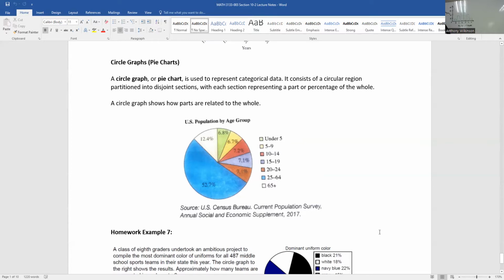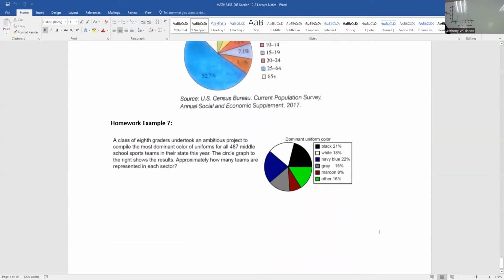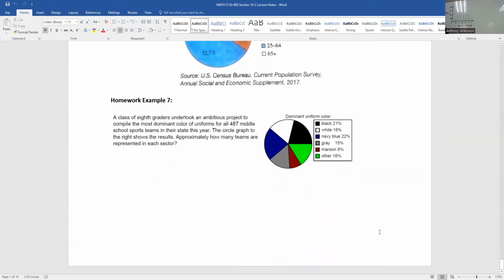All right, now in this final homework example, it said a class of 8th graders undertook an ambitious project to compile the most dominant color of uniforms for all 487 middle school sports teams in their state this year. Here I want to use the circle graph to the right to show the results.